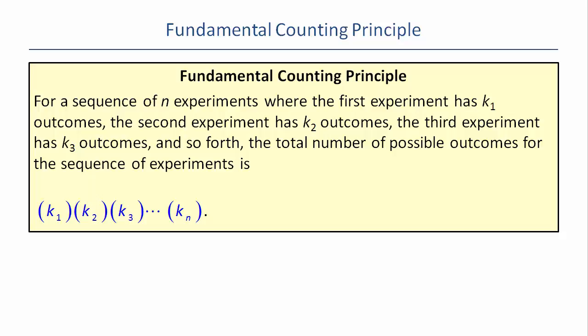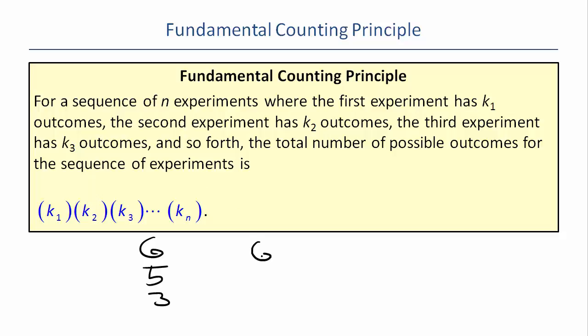So a simple example to help make sense of this is, let's say you have 6 shirts, 5 pairs of pants, and 3 pairs of shoes, and of course all of them go together. The question is, how many different outfits can you create?